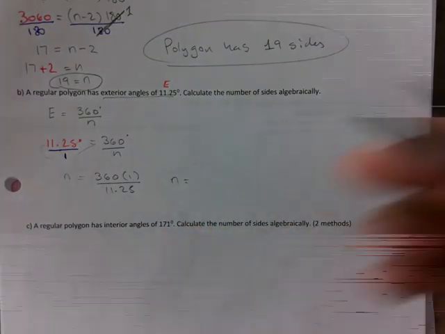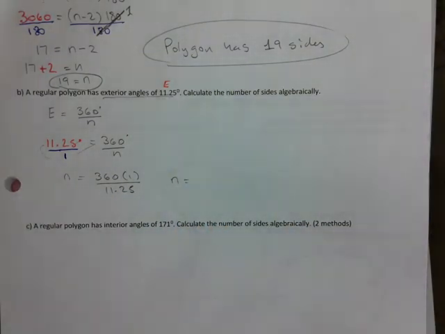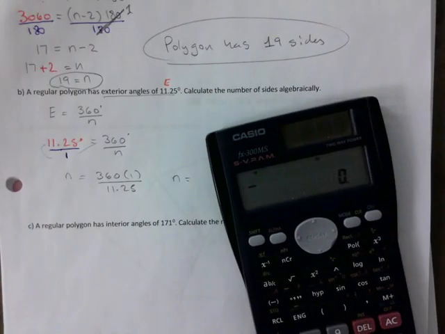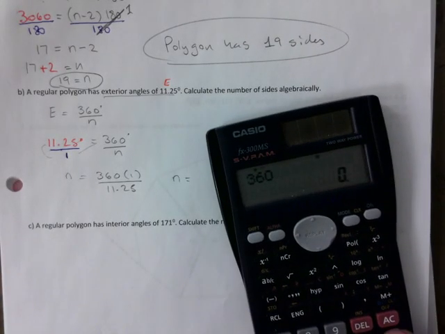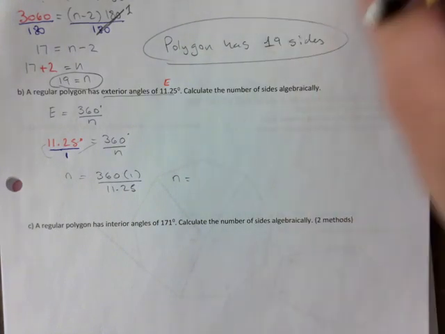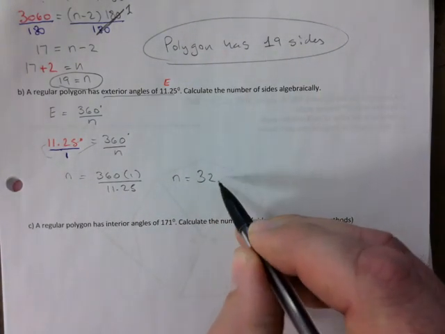N is equal to? What is n equal to? I actually don't have that in my key. Anyone? Anyone? Anyone? 32. 32 sides.